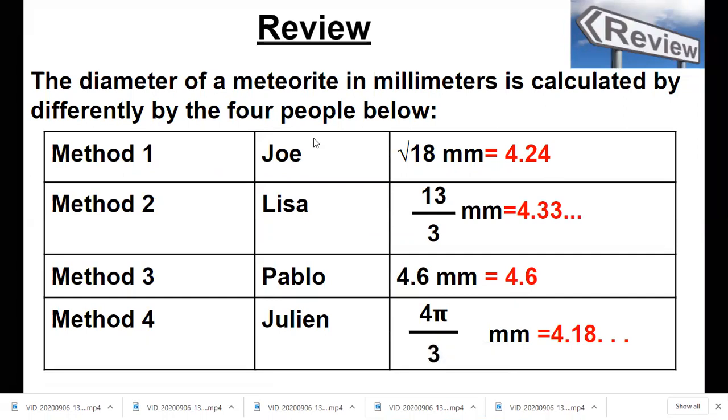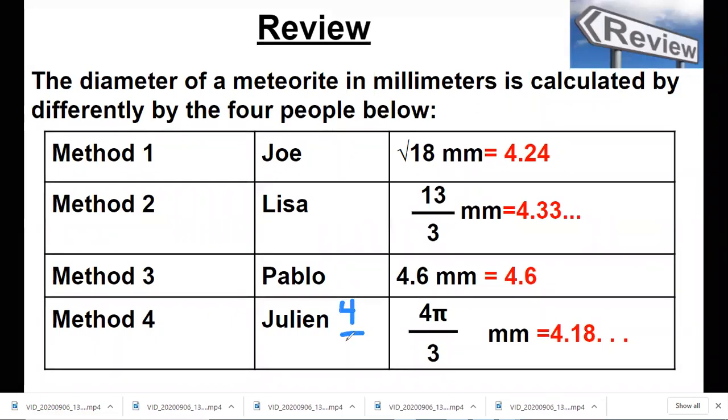Now, how did I get that? So we have 4/3 times pi. Like I said, this could be written as 4/3 times pi. So I'm going to take 4/3 and divide the 4 on the inside and the 3 on the outside. And I'm going to get 1 and 1/3.